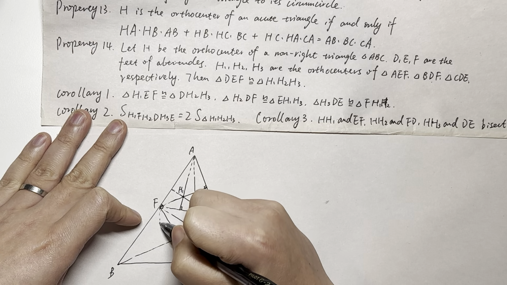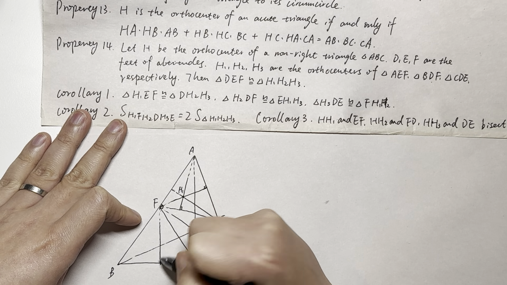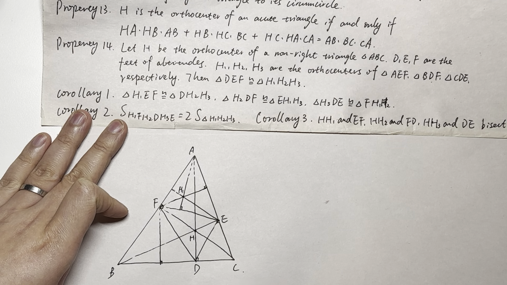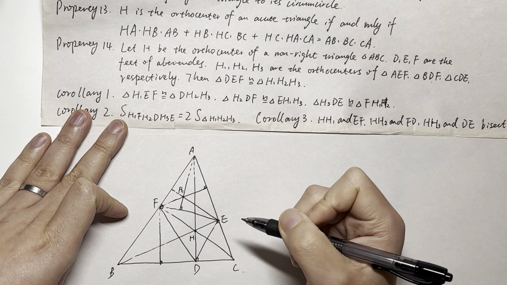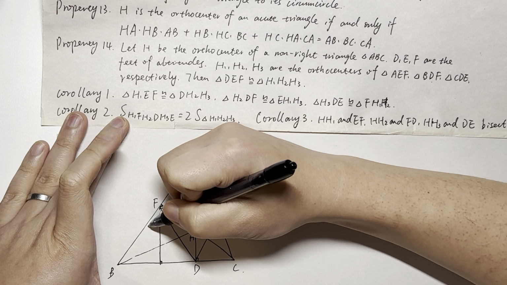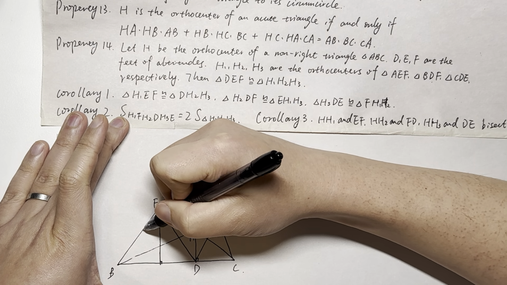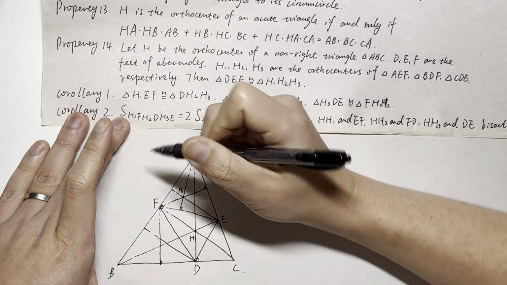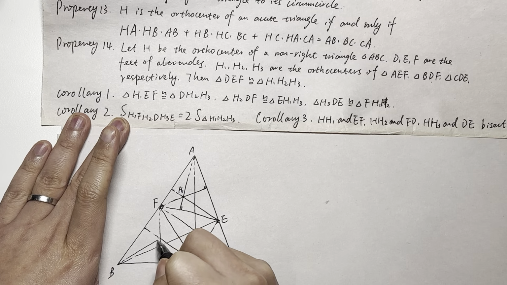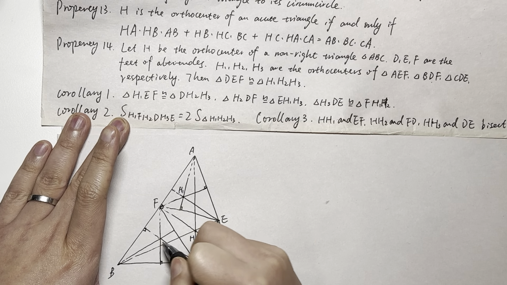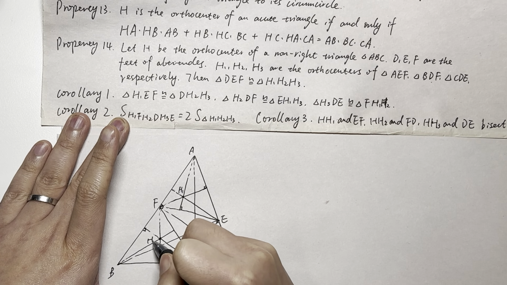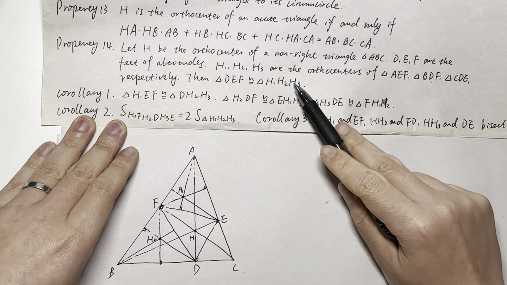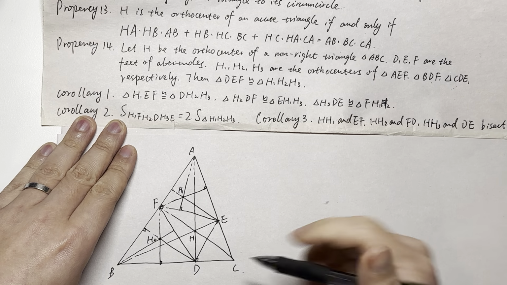And H2 is the orthocenter of triangle BDF. So that is H2. And H3 is the orthocenter of triangle CDE.